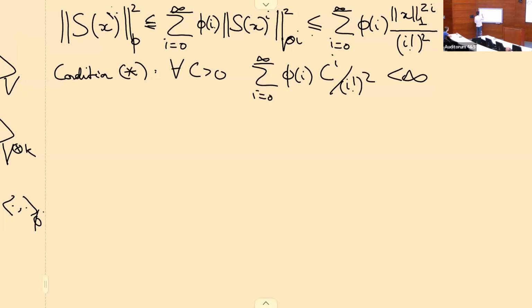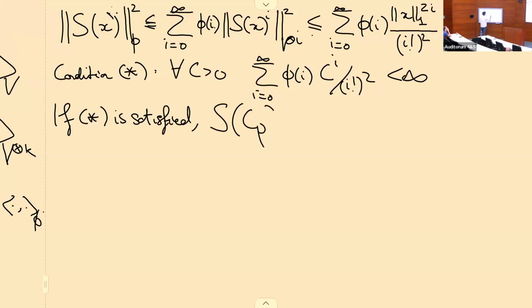So if star is satisfied, the image of the space of paths by the signature will live in T phi of V, will be included.